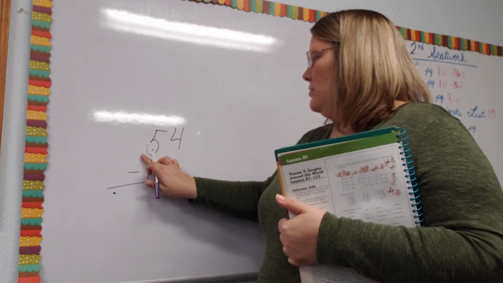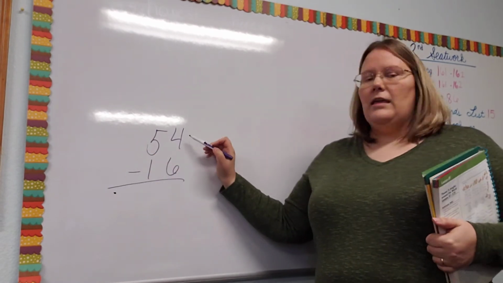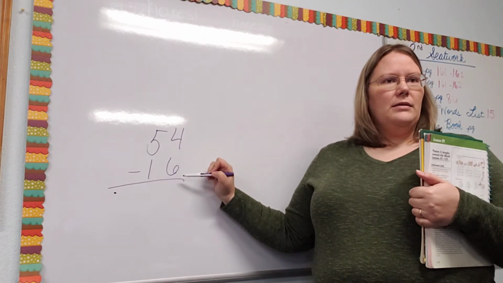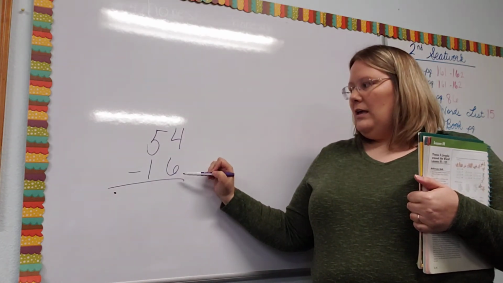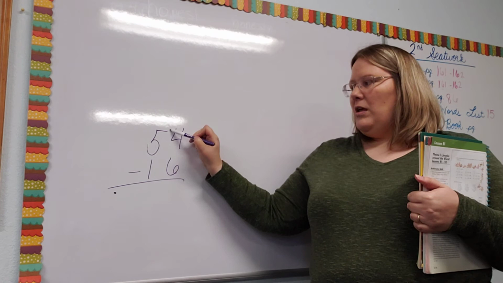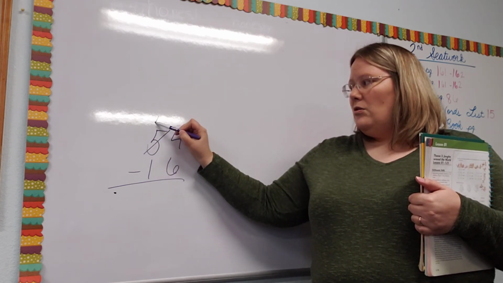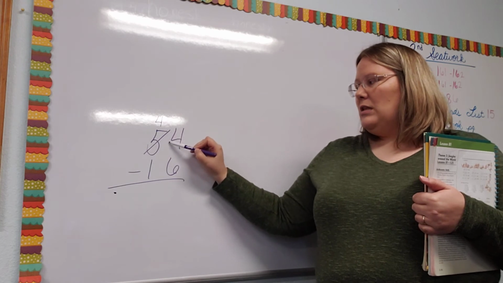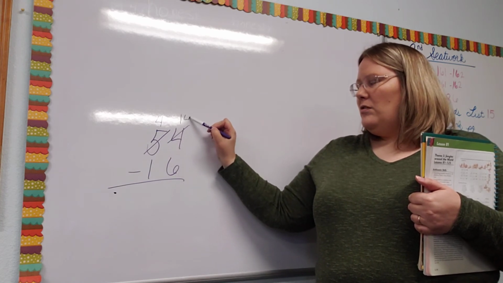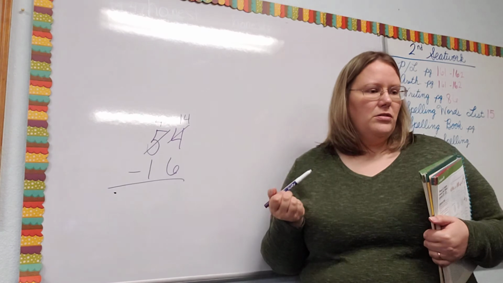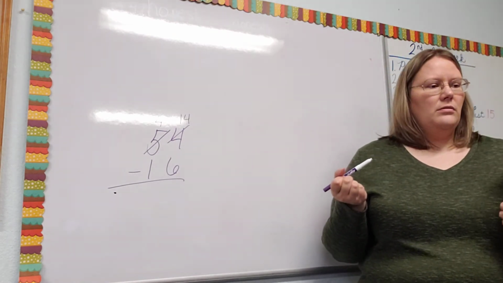Alright, so you're going to do it on your paper with me. Can you take 4 minus 6? No. So I'm going to borrow from the tens. The 5 becomes a 4. It's always 1 less. And then you put a 1 in front of the 4 to make 14. Make sure it says that on your paper right now.